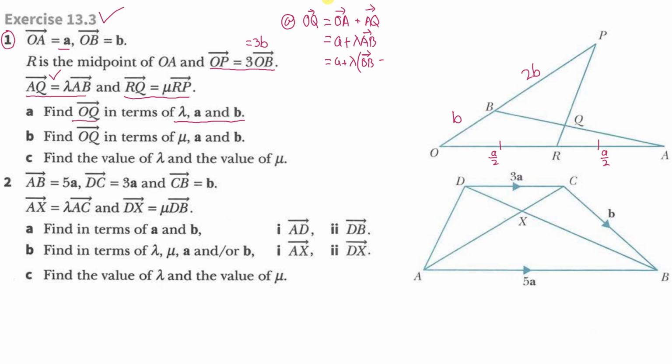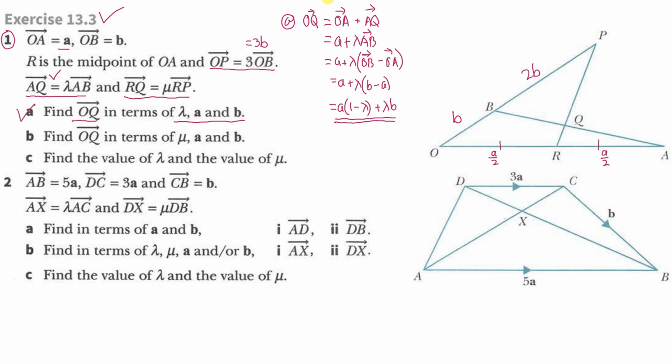We can break it down like this and put in our values: A plus lambda, with OB as B and OA as A. Taking A common, it is 1 minus lambda A, plus lambda B.